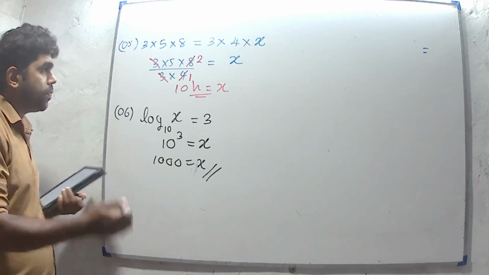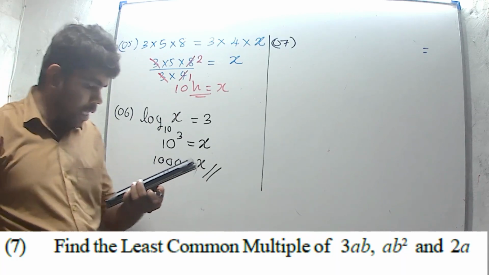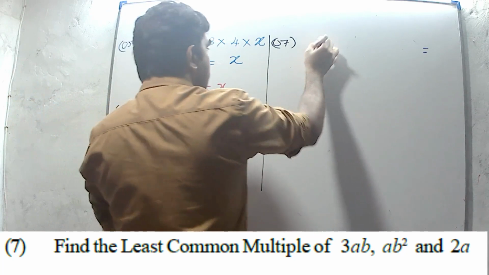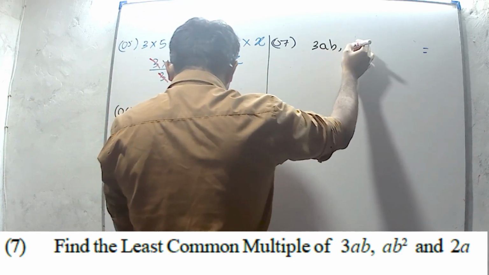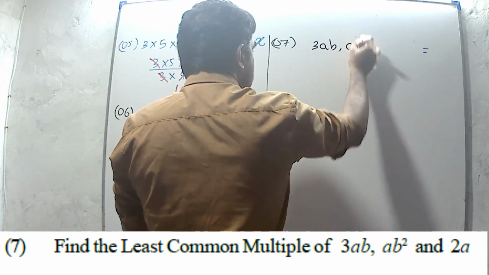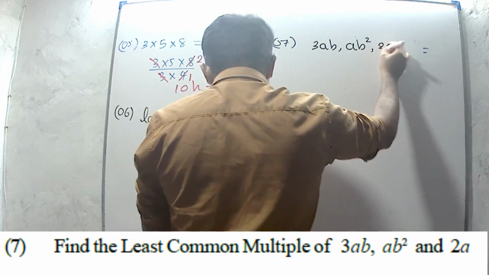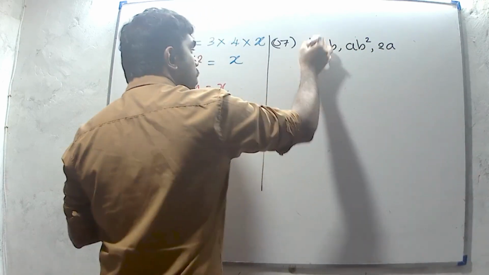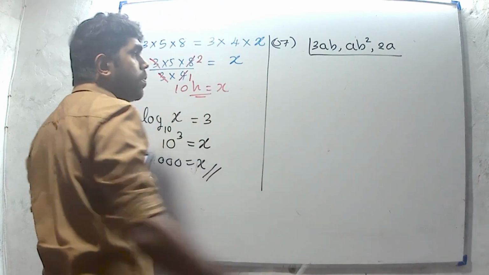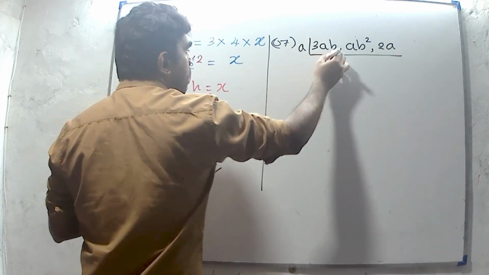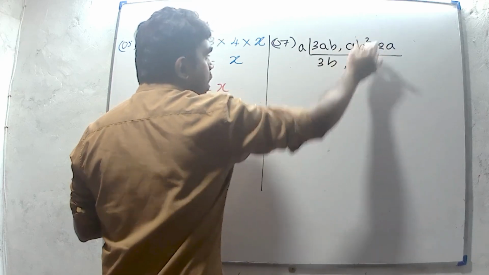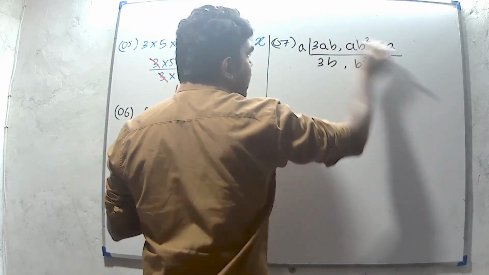Question number 7. Find the least common multiple of 3ab, ab squared and 2a. We can divide all three terms by a. Then 3b. A is cancelling, b is squared. A is cancelling, 2.